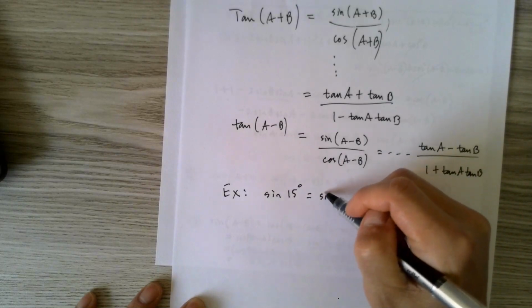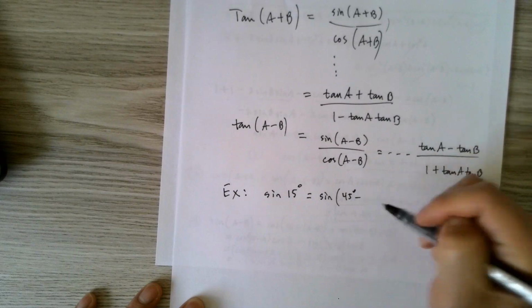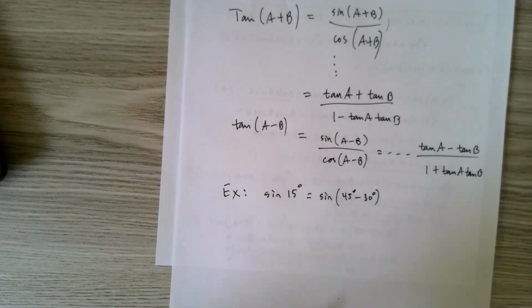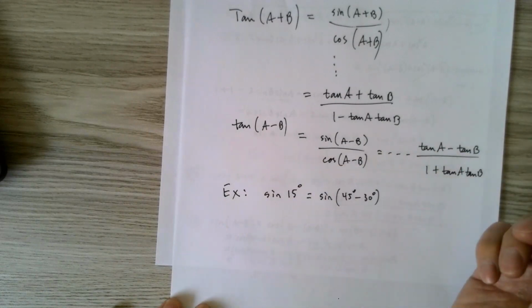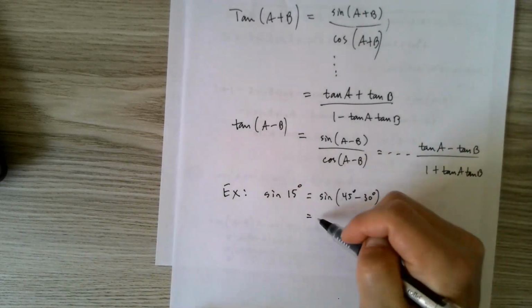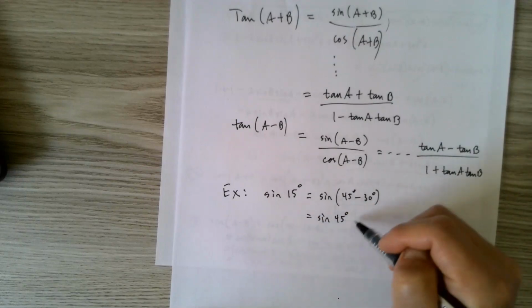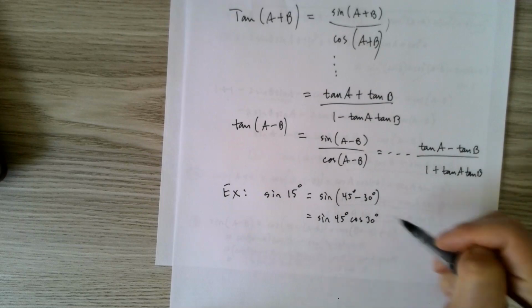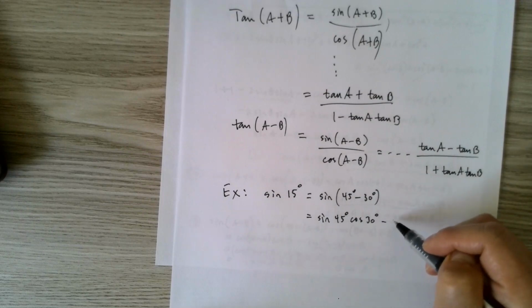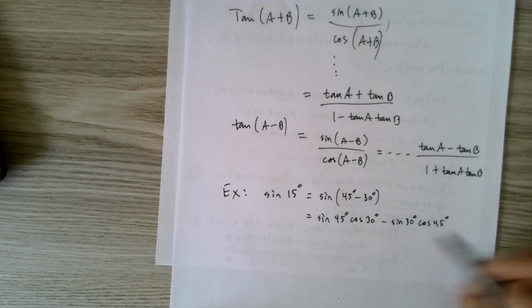So I can write it as sine of 45 minus 30, because I know the sine of 45 and I know the sine of 30. And then I know my identity too, so I can say this is the sine of 45 times the cosine of 30 minus sine of 30 times cosine of 45.